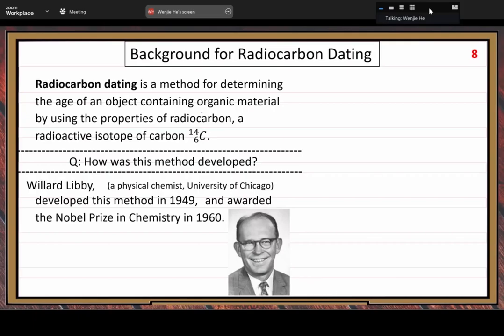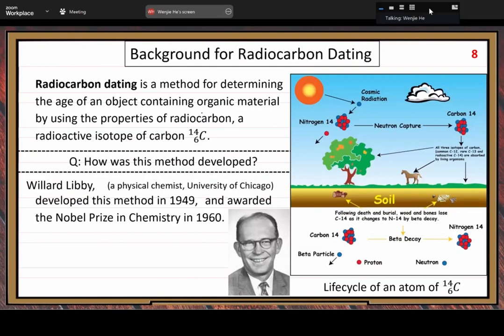All right. This picture explains the basic idea of this technique. Let me explain a little bit in this picture. We want to determine the age of an object. What kind of object?